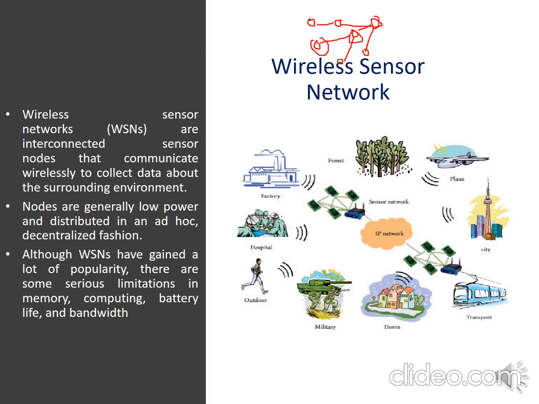These are called nodes. So nodes communicate wirelessly to collect data about the surrounding environment. Nodes are generally low power and distributed in an ad hoc, decentralized fashion.